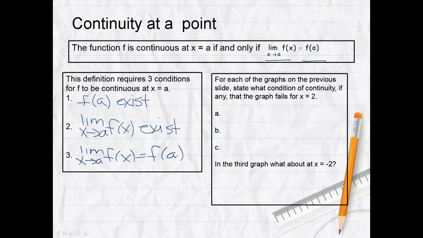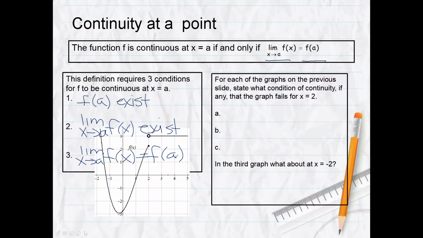Okay, so let's take a look at the three graphs we just did and figure out which one of those conditions fails. For this first one, where we had the jump, that meant that the limit didn't exist, because from the left and the right, we got two different things.